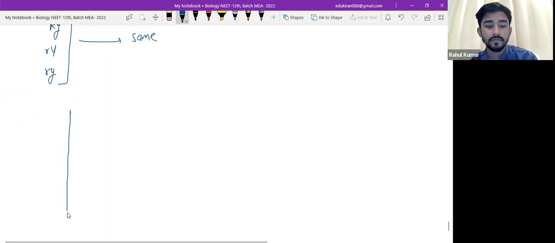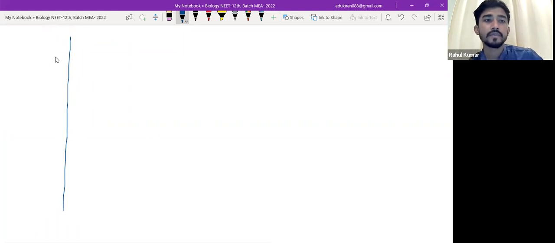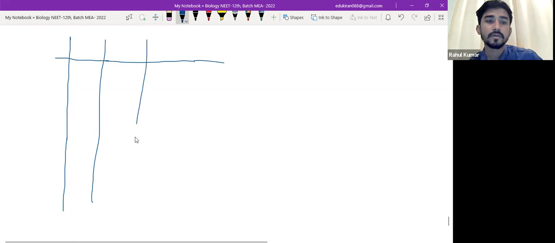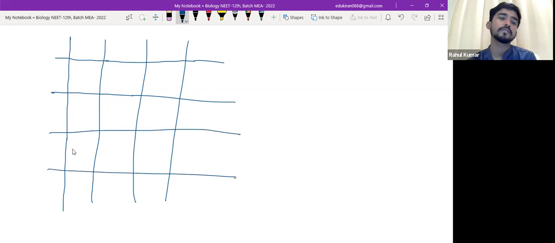So this time when we make a Punnett square, it's not going to be a 4 boxed one. Instead, how many boxes will be there? 4 gametes on one side and 4 gametes on the other. You understand, everyone? So on this side, we will write parent A's gametes.